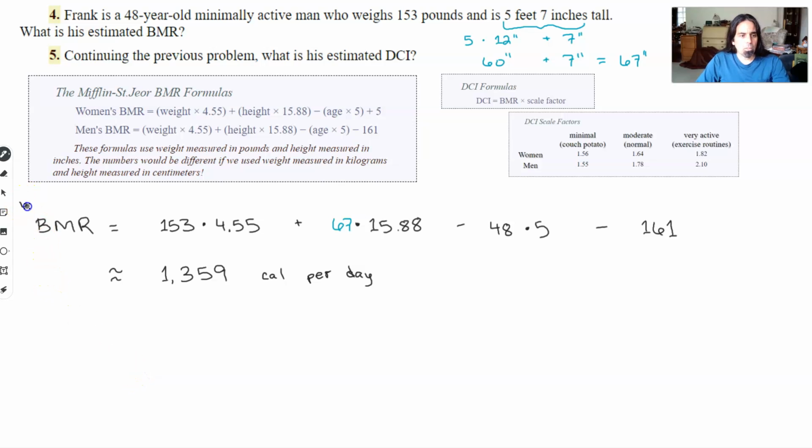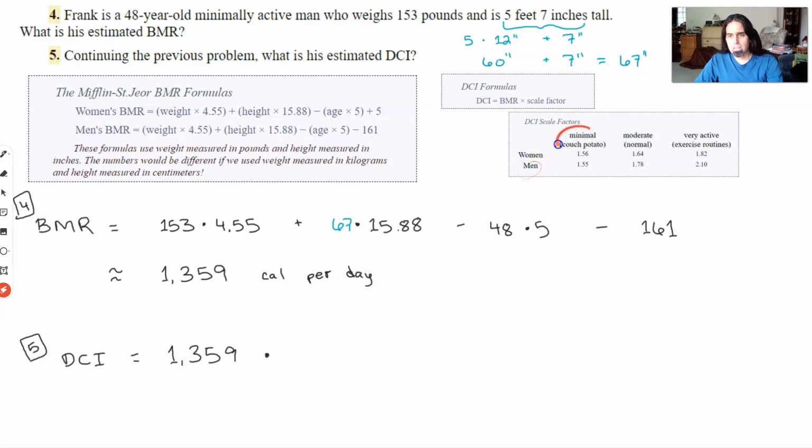That was number 4. For number 5, we want to find his DCI. And we do that by taking the BMR we just found and multiplying it by a scale factor. So that's going to be 1,359 times a something. So he is, on this chart, a minimally active man.